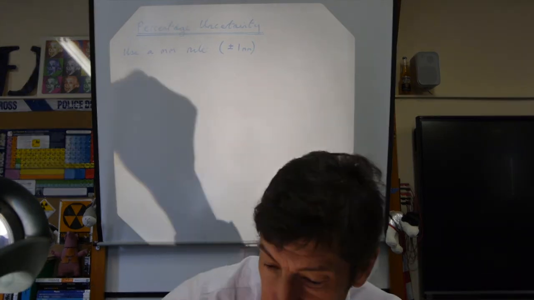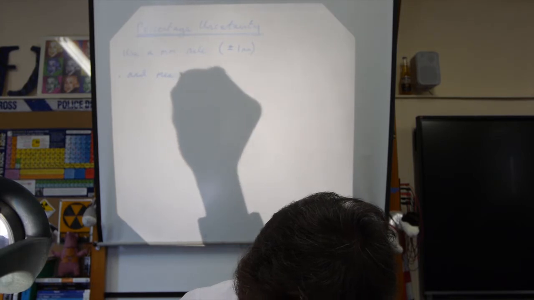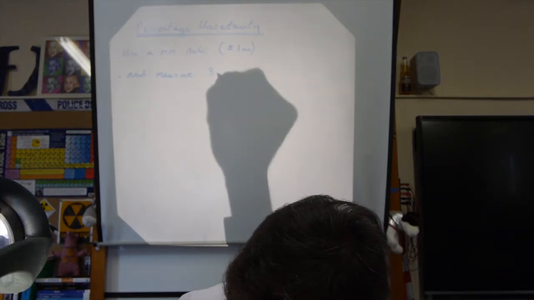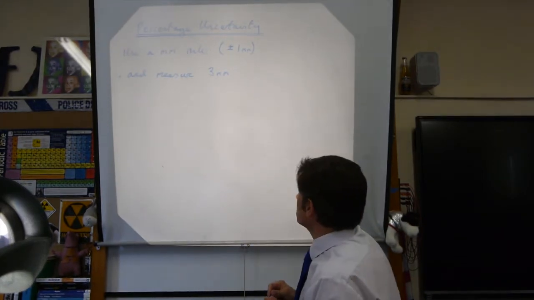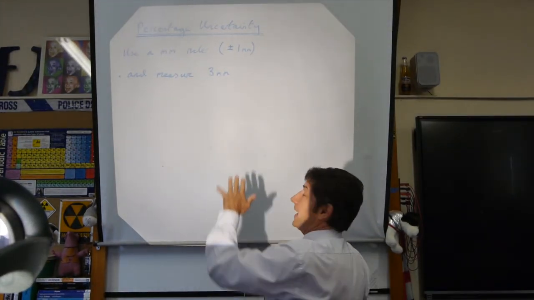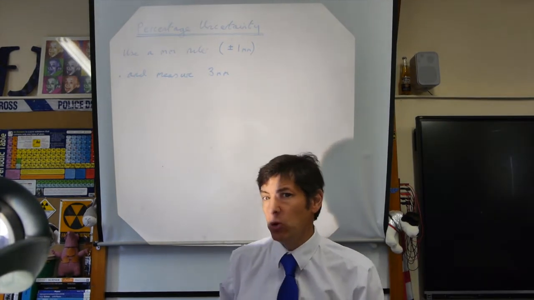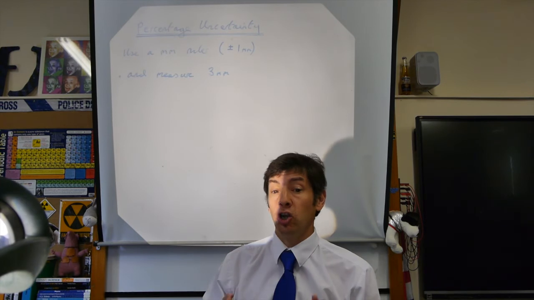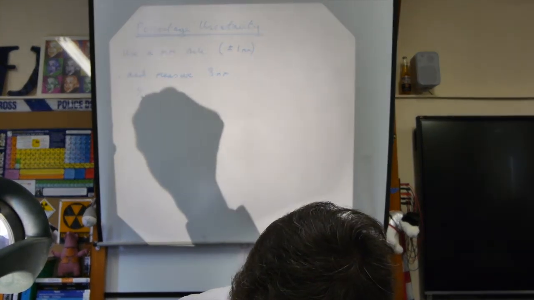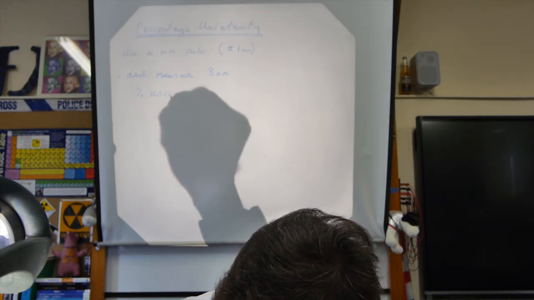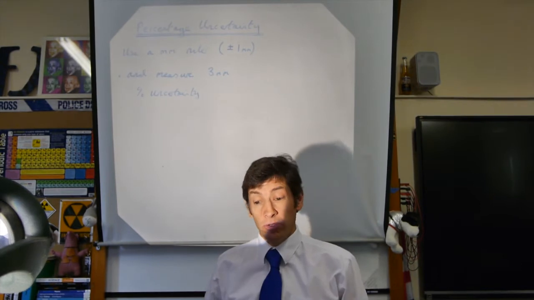So let's make a measurement. We measure 3 millimetres. What we need to do is work out what the percentage error is in this. It's really important because we're going to use percentage errors a lot later on. The percentage uncertainty here is exactly what you expect.